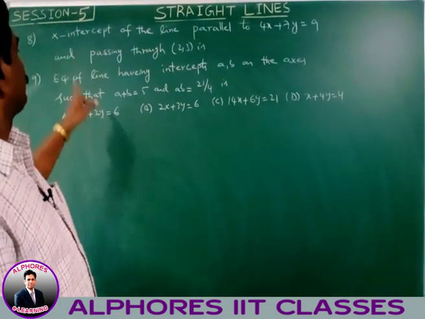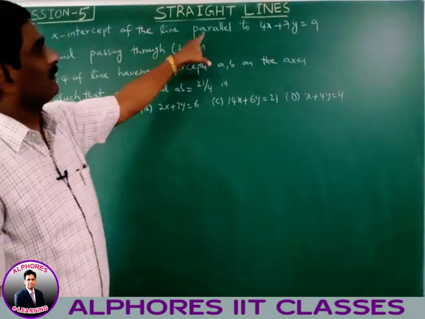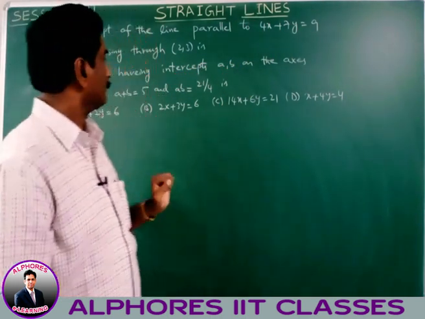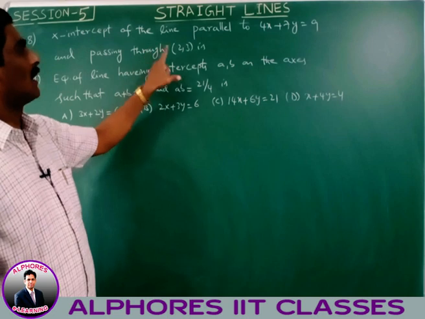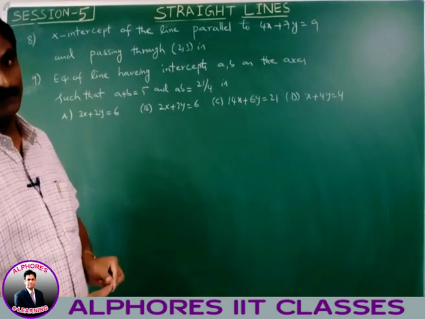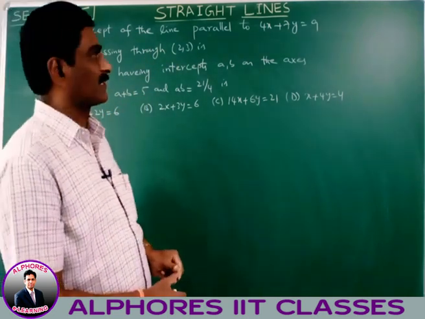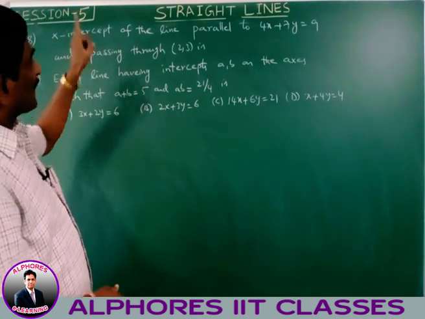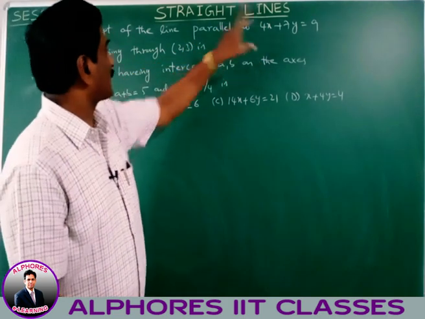Next, eighth one: x-intercept of the line parallel to 4x plus 7y is equal to 9 and passing through the point (2, 3) is dash. In this case, we find the x-intercept of the line that is parallel to this and passing through this point.